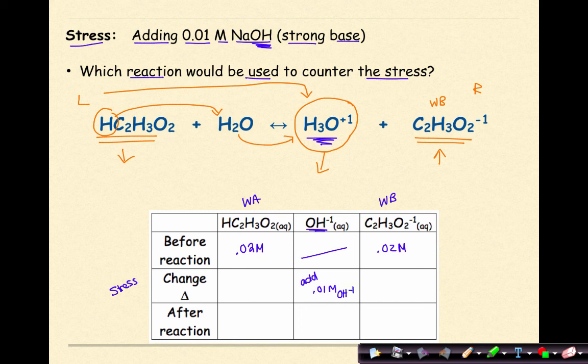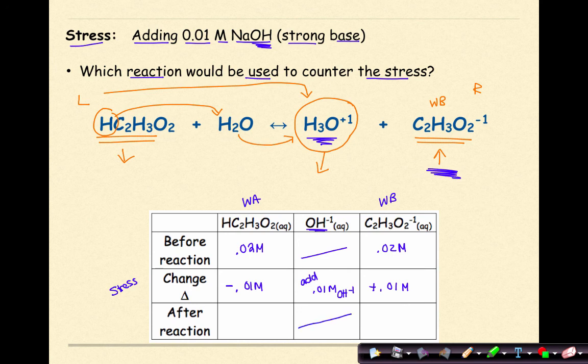The substance that will ultimately neutralize these hydroxide ions will be the weak acid. So we're going to take it away from the weak acid side and add that 0.01 molar over to the weak base side, because again, as this acetic acid ionizes and forms the hydronium ions, more weak base will be formed as a result as our equilibrium shifts to the right.